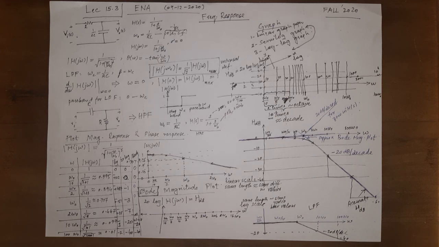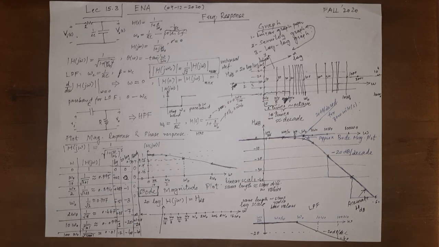I hope you get a glimpse of how the Bode magnitude plot would be plotted. In the next lecture, I will cover the phase plot, which is much easier to draw, and then we will look at several general transfer functions based magnitude plots.